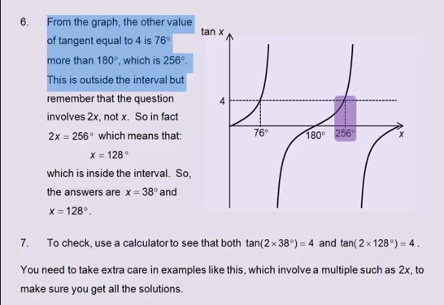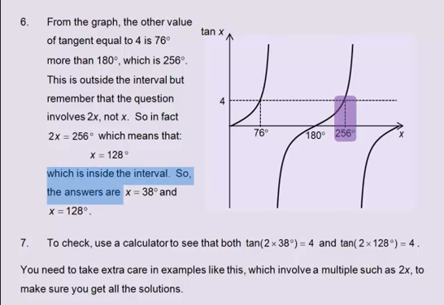This is outside the interval, but remember that the question involves 2x and not x. So in fact, 2x equals 256 degrees, which means that x equals 128 degrees, which is inside the interval. So the answers are x equals 38 degrees and x equals 128 degrees. 7.